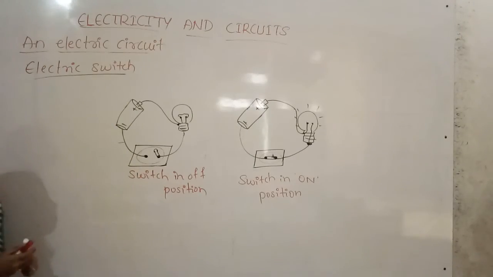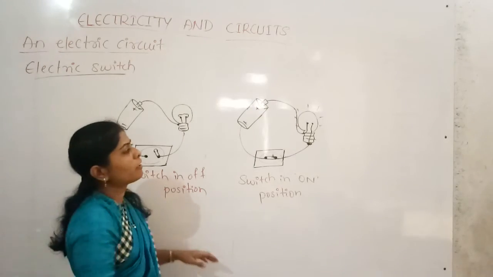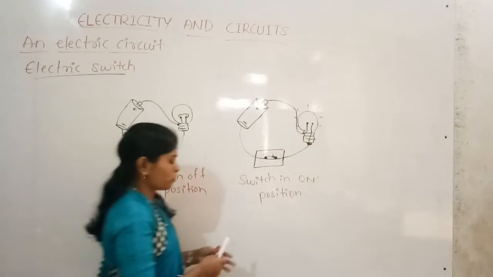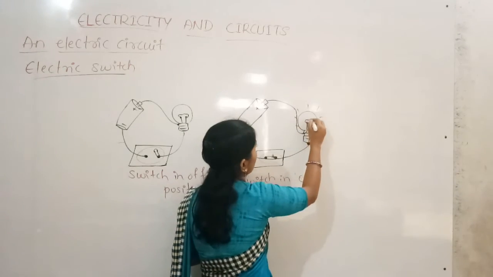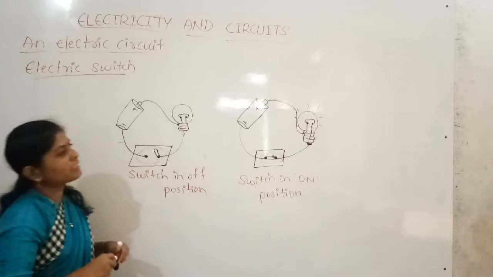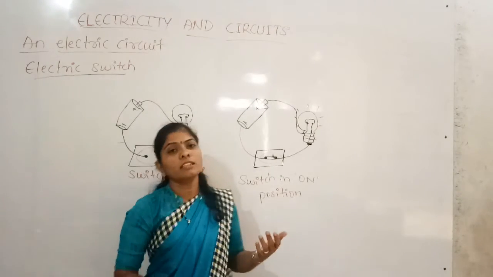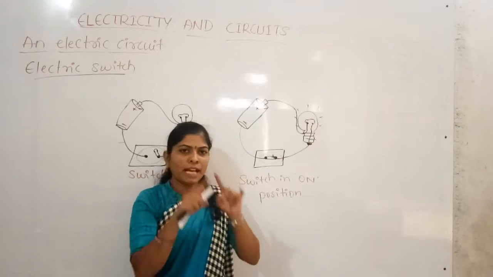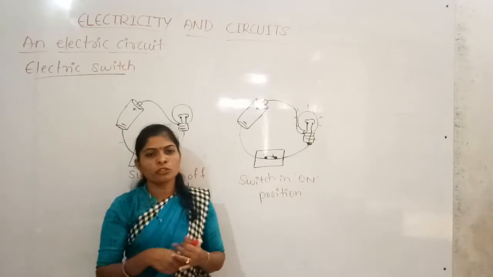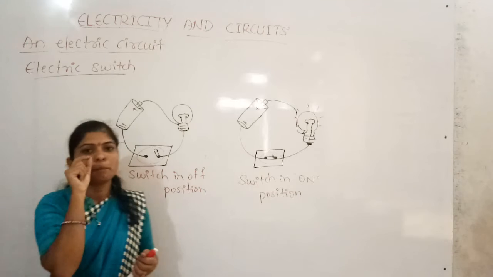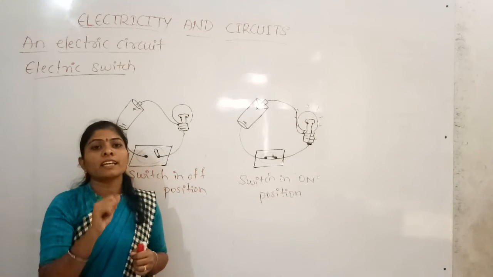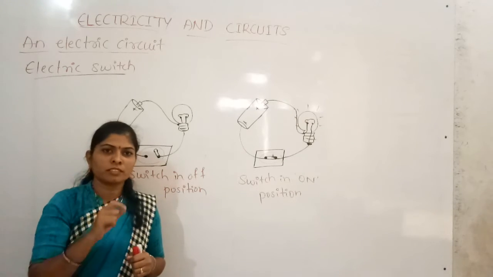So this is how we can use this in our everyday life also. See the filament. It takes place in our everyday life also, and in your home also you have the switch boards. So for that you have fixed the buttons. Those buttons are the switches.